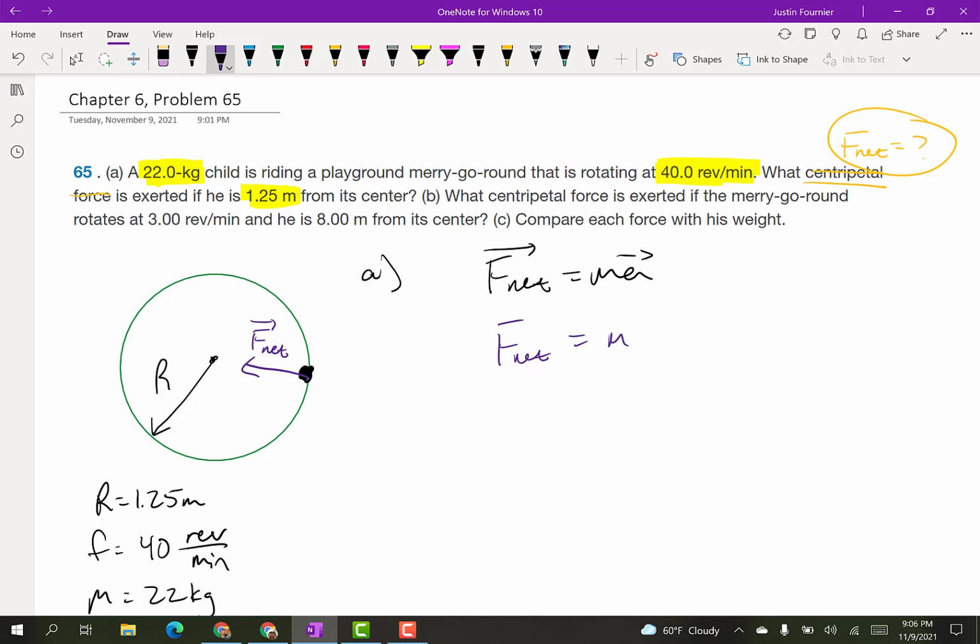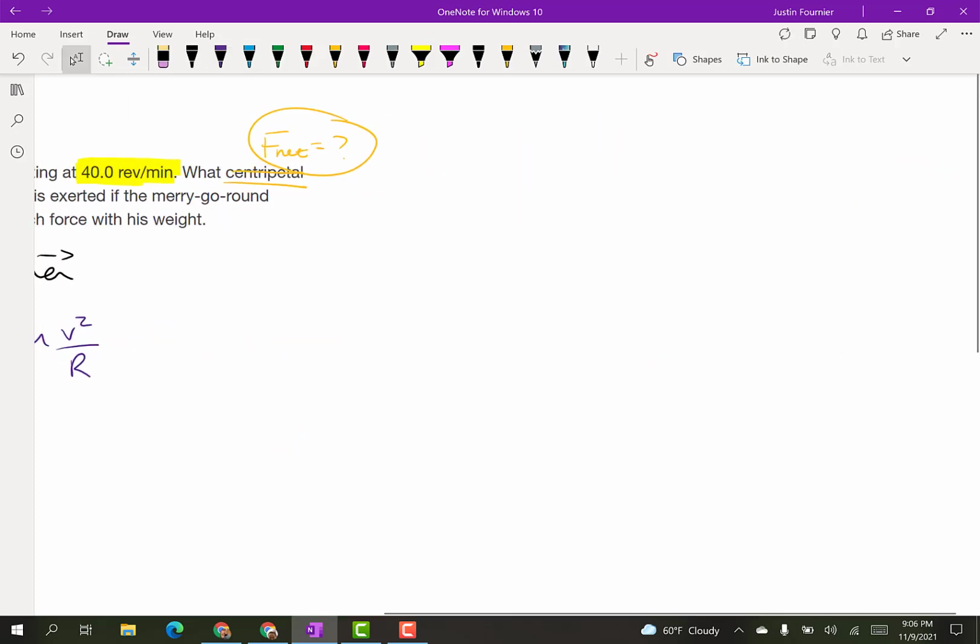So that is going to be the mass times, in uniform circular motion where I'm not speeding up or slowing down, v squared over r. Or another way that you could write that, I'll write that over here. Recall that tangential speed is equal to the angular speed, or the angular frequency, multiplied by the radius.